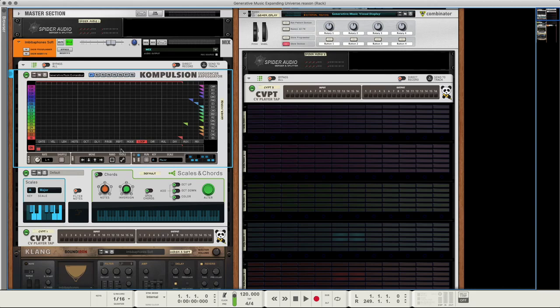What ends up happening is that with each repetition, as it loops over and over, each note becomes further and further away from each other.